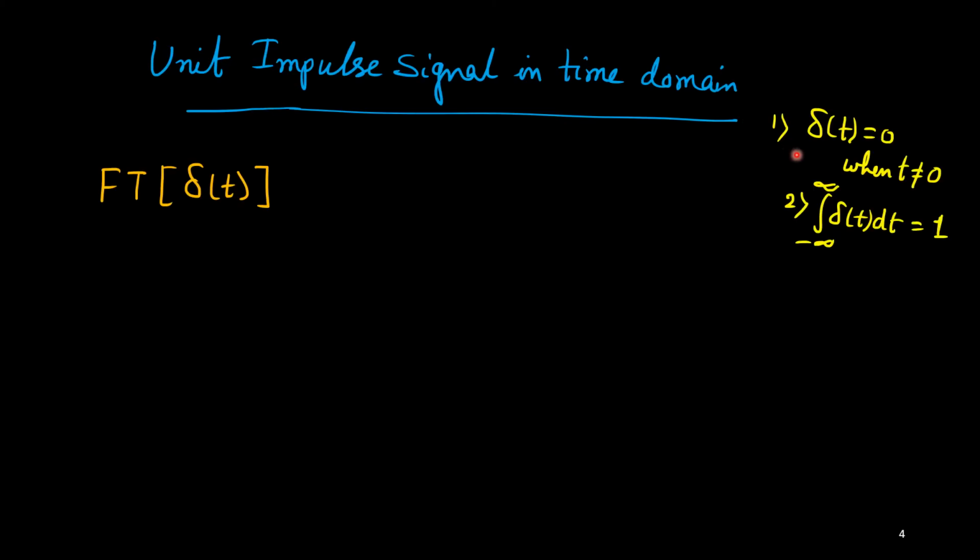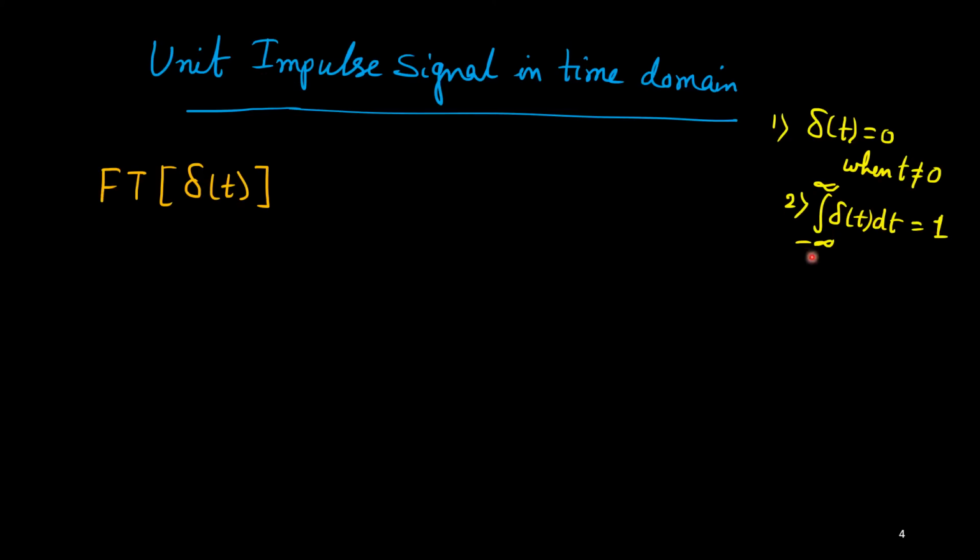And you know, the unit impulse signal is defined in this way: del of t is a symbol for impulse signal, and del of t equals 0 when t not equal to 0. So this function will exist at t equal to 0 only, and the integral of del t over the entire range equals 1, and that is due to unit impulse.